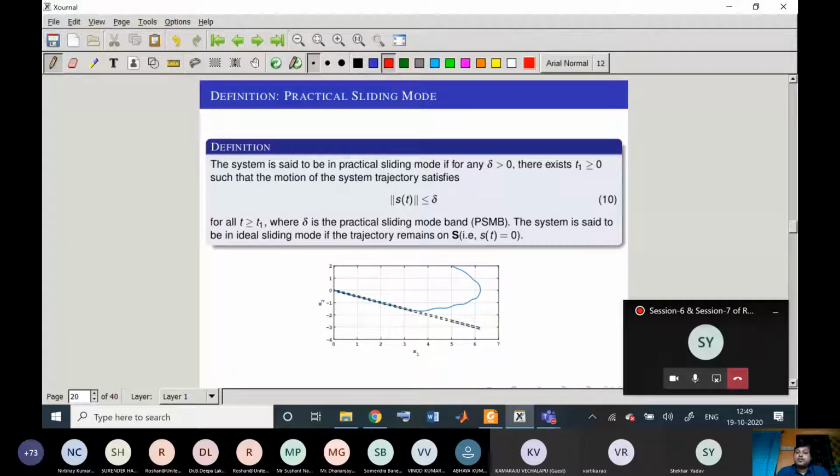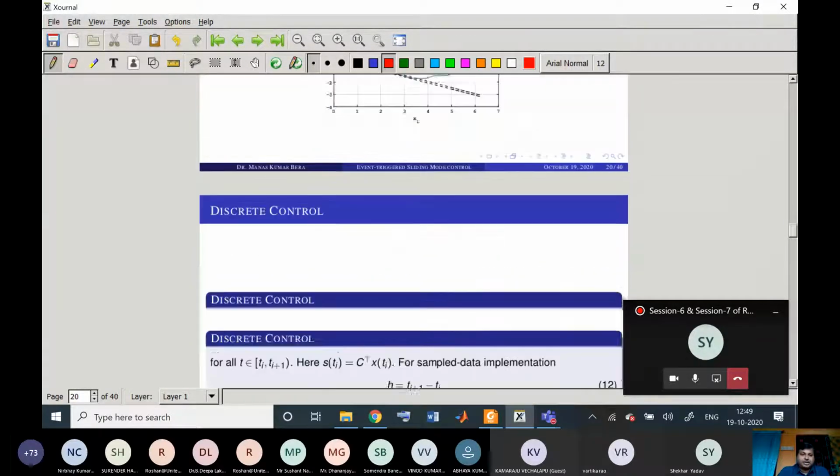So it is not exactly equal to 0, but the distance from the origin is less than or equal to delta. The system is said to be in ideal sliding motion if we are able to guarantee that S(t) equals 0. So if we are able to guarantee that norm of S(t) is less than or equal to delta, that is the definition of the practical sliding mode.